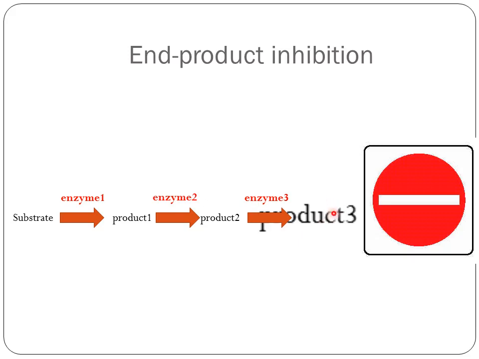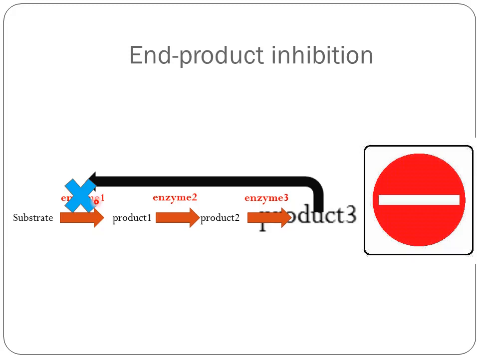When product 3 increases to a lethal level, or exceeds the normal level, by itself it will be an inhibitor to enzyme 1. So product 3 plays the role of inhibiting enzyme 1. When enzyme 1 is blocked, product 1 will not be formed, and similarly product 2 will not be formed because product 2 needs product 1 to start.